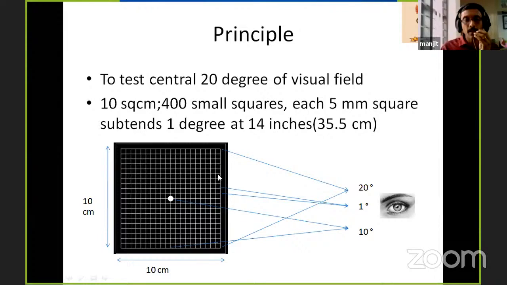One side will subtend an angle of 20 degrees when the sheet is held at a distance of 14 inches. Each square will subtend an angle of 1 degree, and from the central visual axis, 10 degrees all around is covered. So altogether you test the central 20 degrees of the visual field, 10 degrees from the center of fixation all around.